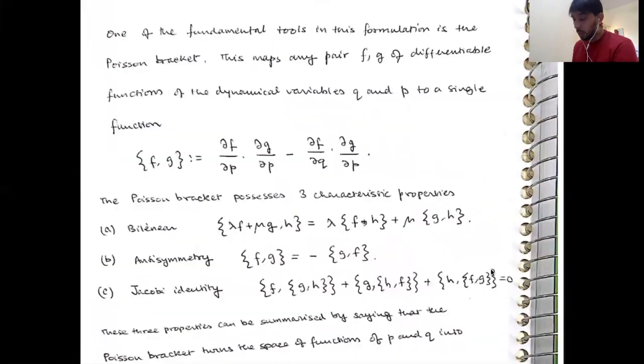So one of the fundamental tools of this Hamiltonian formulation is something called a Poisson bracket. Again, I hope you know this. So what does a Poisson bracket do? The Poisson bracket is a map. It maps any pair of differentiable functions f and g of the dynamical variables p and q to a single thing.